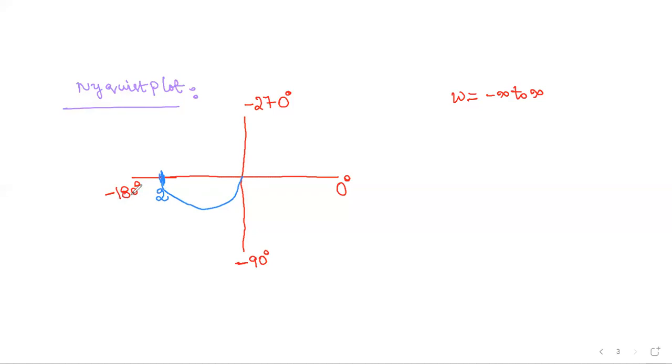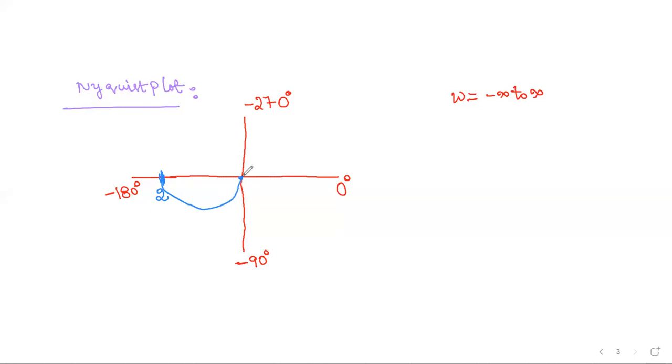At minus 180 degrees the magnitude is 2. Towards minus 90 degrees this reaches 0, because at omega equal to infinity the magnitude value is 0 and the phase angle is minus 90 degrees. So that's why the path goes from 2 to 0 towards minus 90 degrees, and it reaches 0.